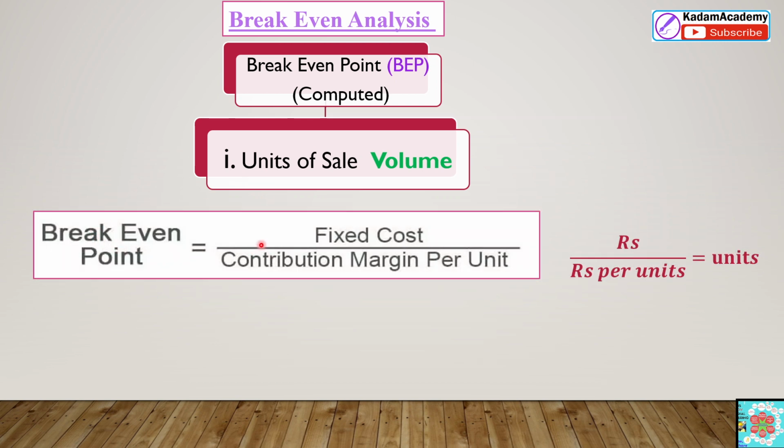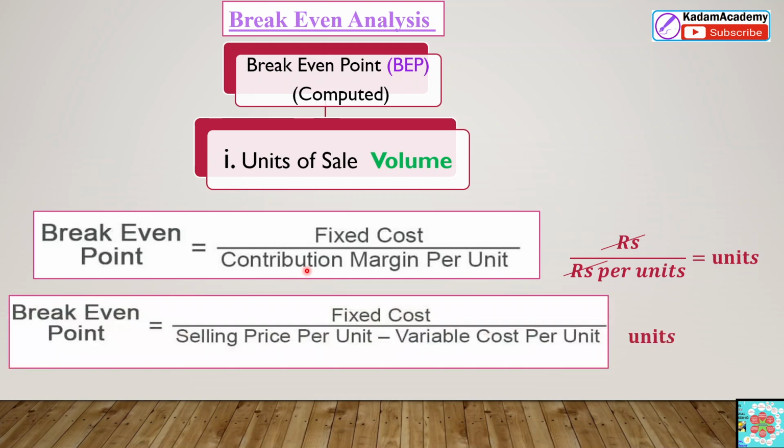We can calculate it using this formula: fixed cost upon contribution margin per unit. The cost is in rupees and the contribution margin per unit is in rupees per unit, so the rupees cancel and we get units. So the break-even point in units can be calculated using this formula.